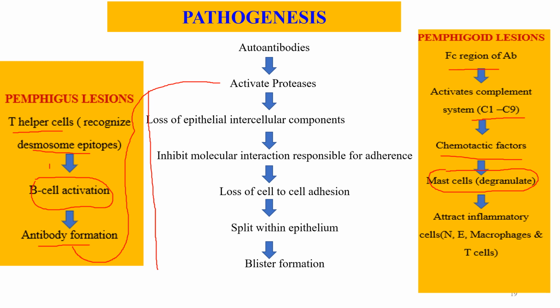These further attract the inflammatory cells like neutrophils, eosinophils, macrophages and T cells. So these in turn produce the proteases and follow the same procedure and finally result in the blister formation. Here the antibodies are IgG and even the complement system is included in pemphigoid lesions.